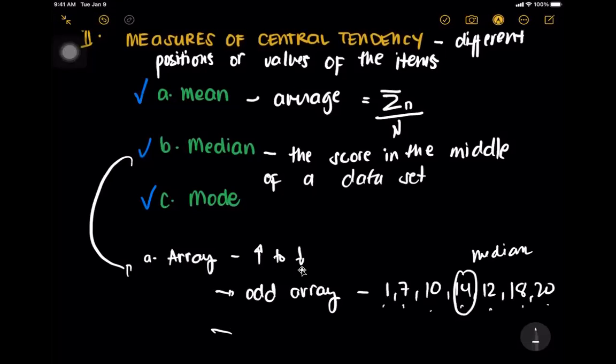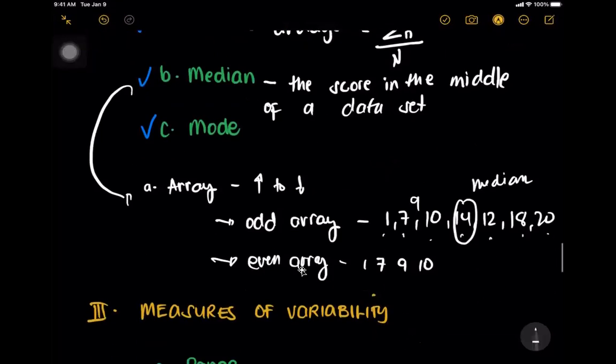But if you have an even array, let's say you add here 9, for example. So 1, 7, 9, 10, 12, 14, 18, and 20.